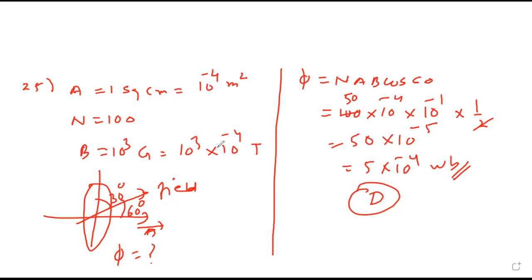Done? Done, sir. 26th. A flat coil of n turns, area A, resistance R is placed in uniform field of magnitude B. Plane of coil is initially perpendicular to B. That means the initial flux is maximum, which is NAB.